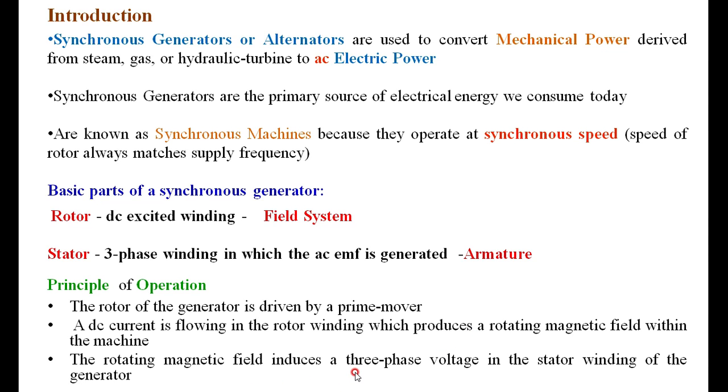Then the rotating magnetic field induces a three-phase voltage in the stator winding of the generator. Whatever electricity you are getting is a three-phase supply. Therefore, there are three windings, that is R, Y, B phases, or phase 1, phase 2 and phase 3. Therefore, the generated voltage in the three-phase alternator is a three-phase voltage induced in the armature conductors.